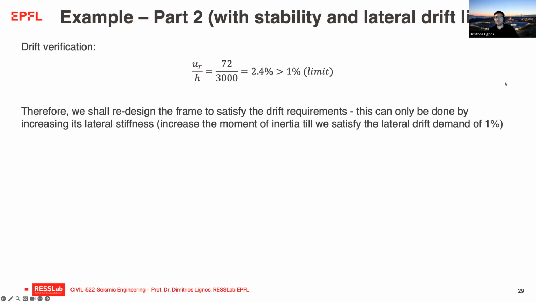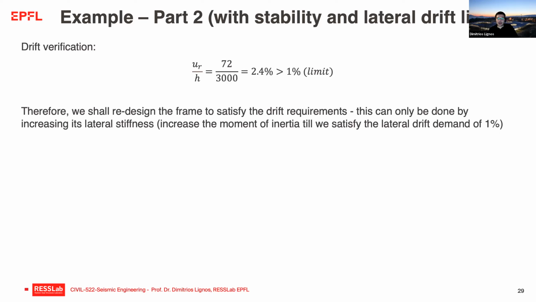So this can only be done by increasing the lateral stiffness of the system, or in other words, by increasing the moment of inertia till we satisfy the lateral drift demand of 1%, and then checking back the stability coefficient, but also the strength requirements, because something might have changed, particularly because we changed the stiffness and we anticipate a change in the period of our frame.